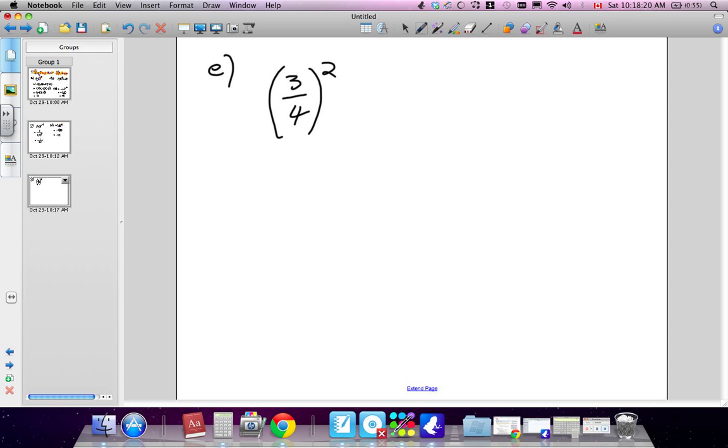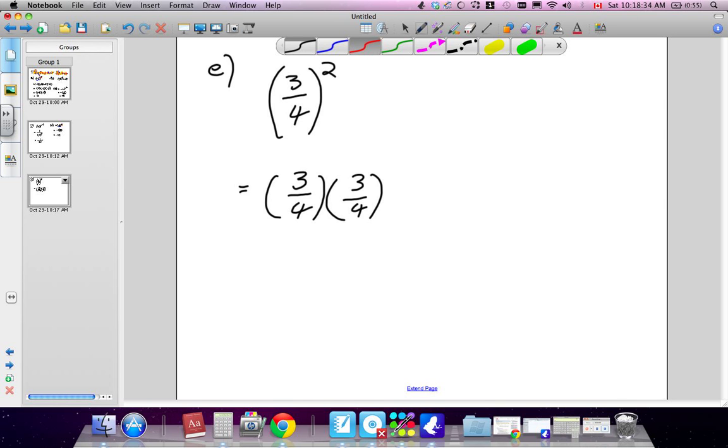When you multiply fractions, you multiply top numbers by each other, and bottom numbers by each other. So we get 3 times 3 over 4 times 4. That's all there is to it.